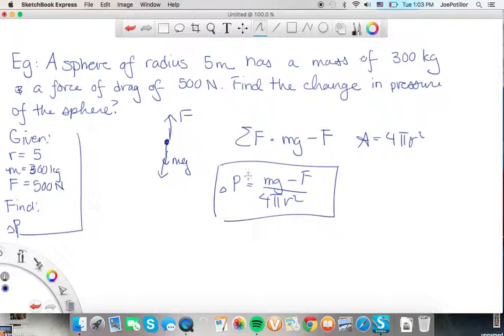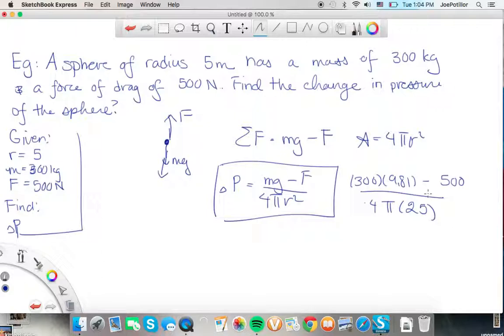That's it symbolically, and so we solve it. 300 times 9.81 minus 500, divided by 4 pi times 25, which is 100 pi.